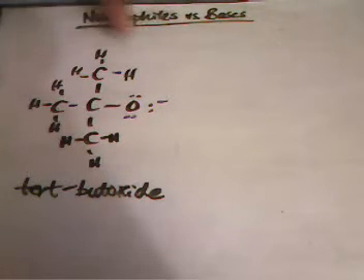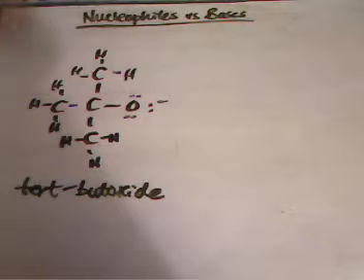So alkyl halides that are treated with tert-butoxide generally go through elimination and yield the elimination product in much greater yields than substitution products, which shows that this is a poor nucleophile. Using tert-butoxide does not favor substitution, it favors elimination.